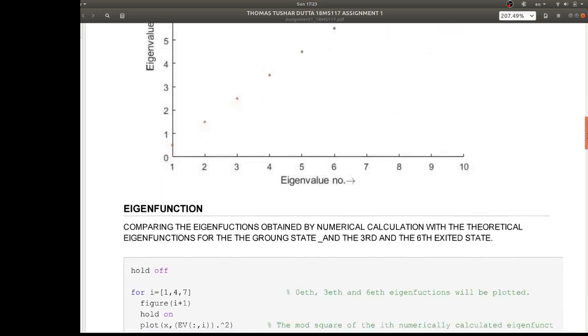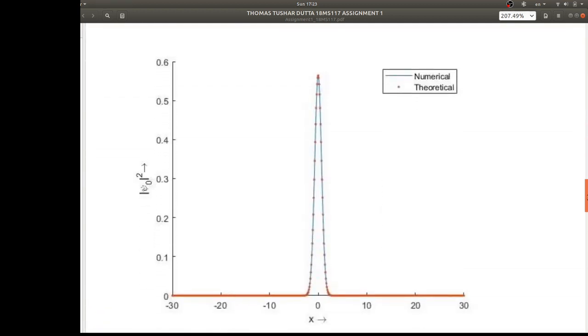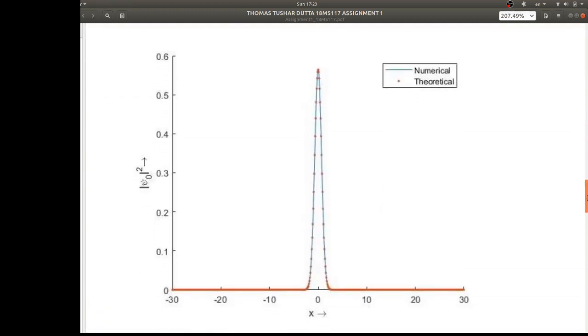Let's go to the eigenvectors, and this is the ground state eigenvector. An eigenvector of the matrix, as you know, yields the eigenfunction. At each of these points on the x-axis, which is divided into various segments, the value that you get, if you plot that, gives the eigenfunction.